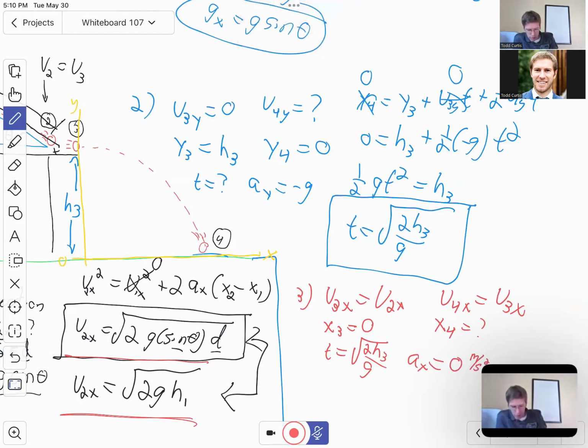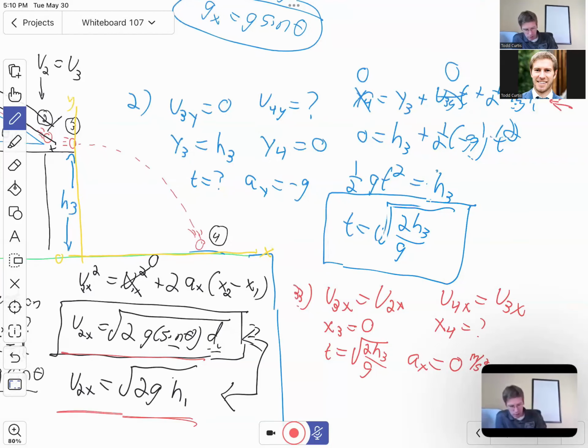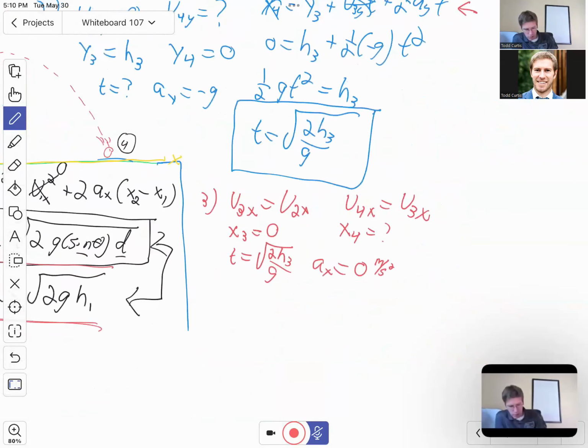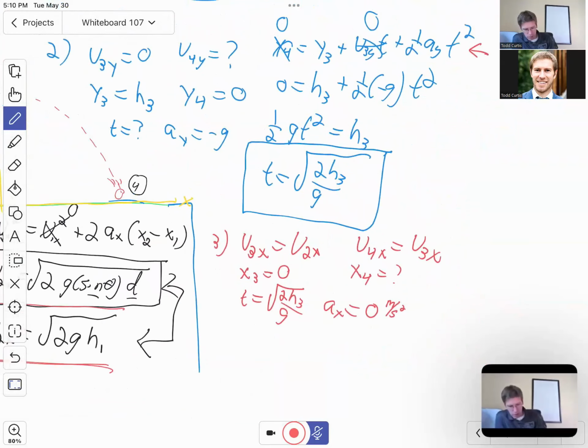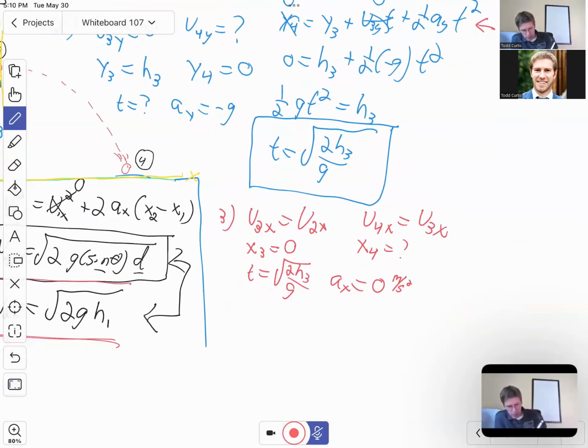And so if we wanted to solve for that x position, we can use this same kinematic equation, but apply it in the x direction. So we can say x4 equals x3 plus v3x times time plus 1/2 ax times time squared. Now again, since ax is 0, this is 0, and x3 is 0.